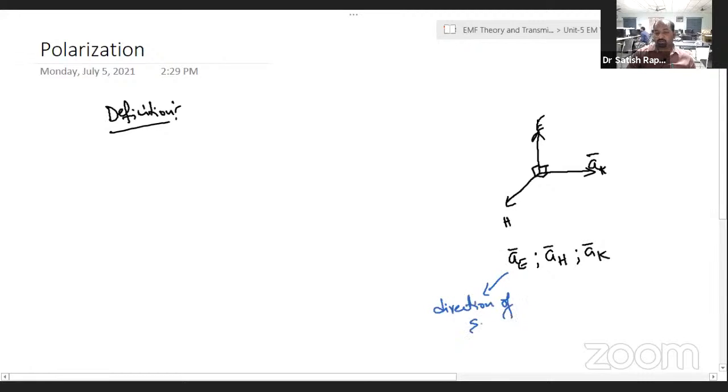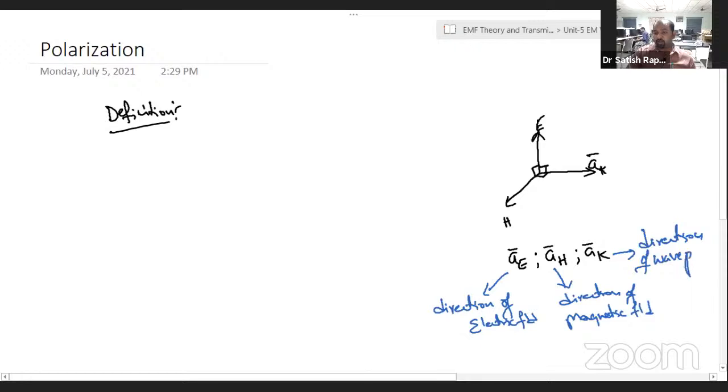Direction of electric field, and this one is the direction of magnetic field, and this one is the direction of wave propagation, right?